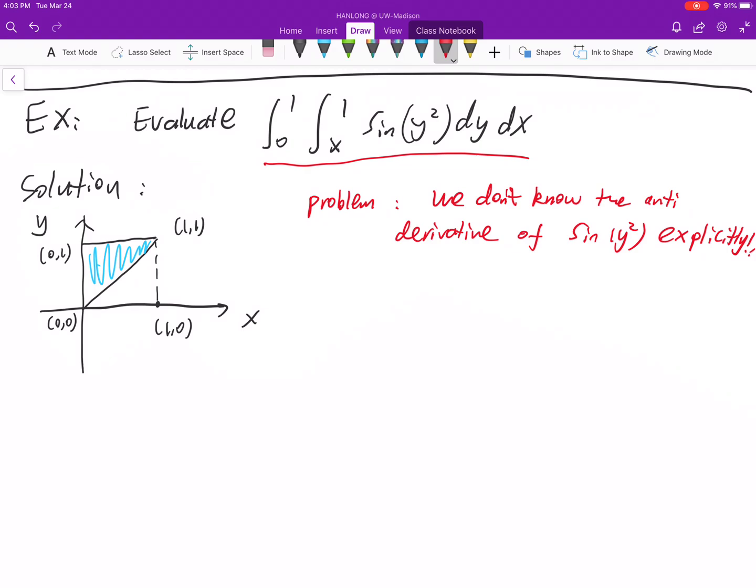You can try many methods, but the fact is you cannot simplify it to some reasonable function.